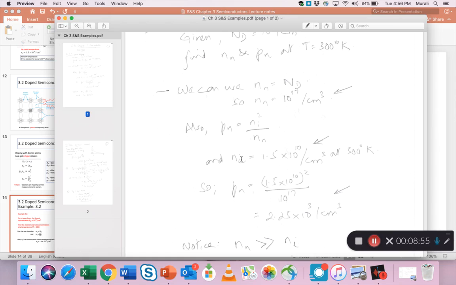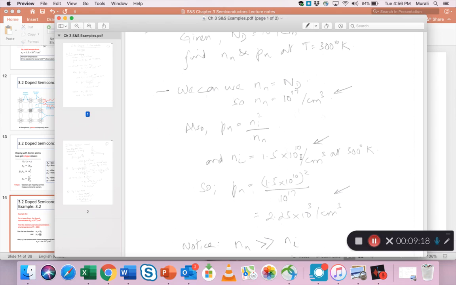So to find one, you take Ni square and divide by the other density. And we know Ni is a constant. It's 1.5 into 10 to the power 10 for silicon at 300 K. This is a natural property of silicon. No doping, just the temperature is room temperature. What is the density of electrons in silicon?